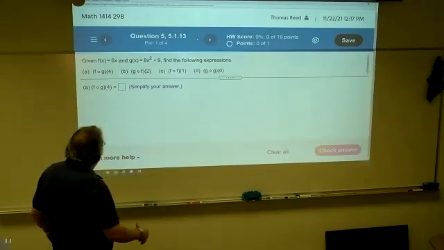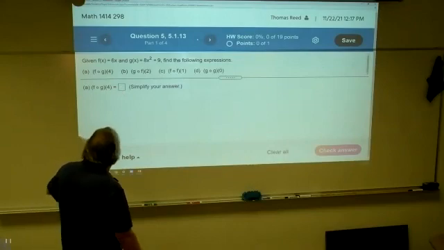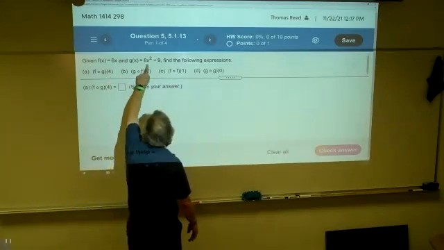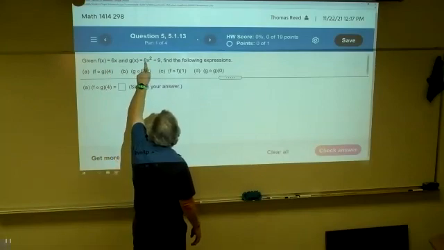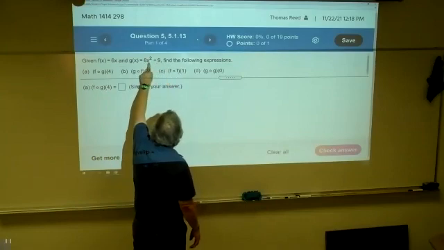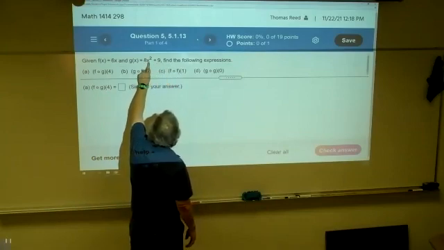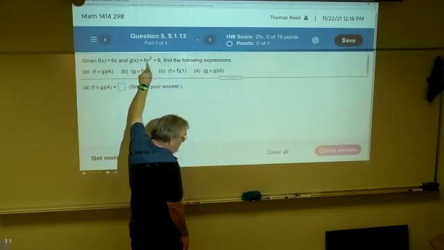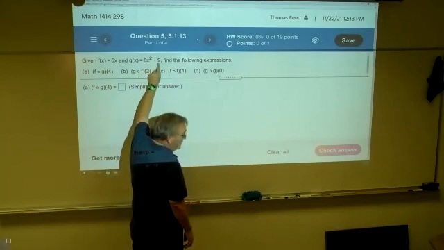Doing G composed with F, you're going to do F of 2. And then you're going to square 12, multiply it by 8, and add 9. I'm going to put 1 in for X. So 1 squared is 1. 1 times 8 is 8. 8 plus 9 is 17.